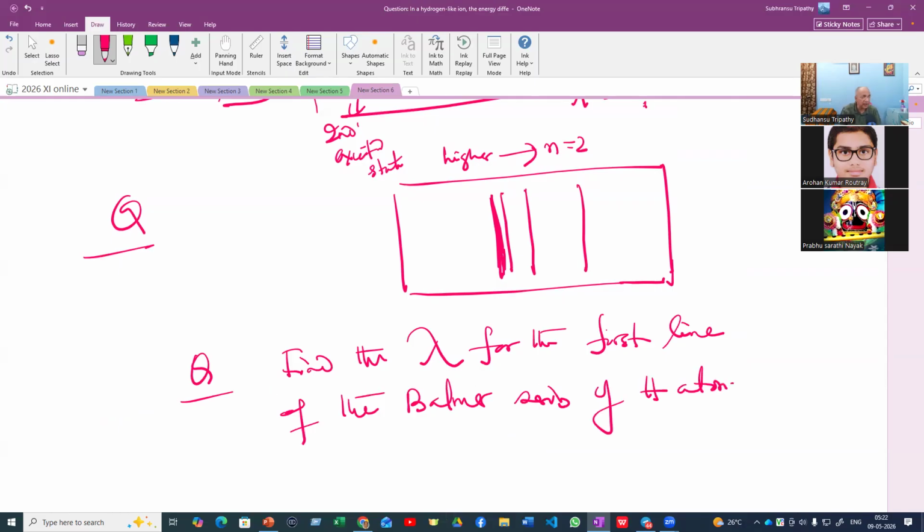Now tell me, n is equal to what to what? The transition between which n value to which n value? Yes?